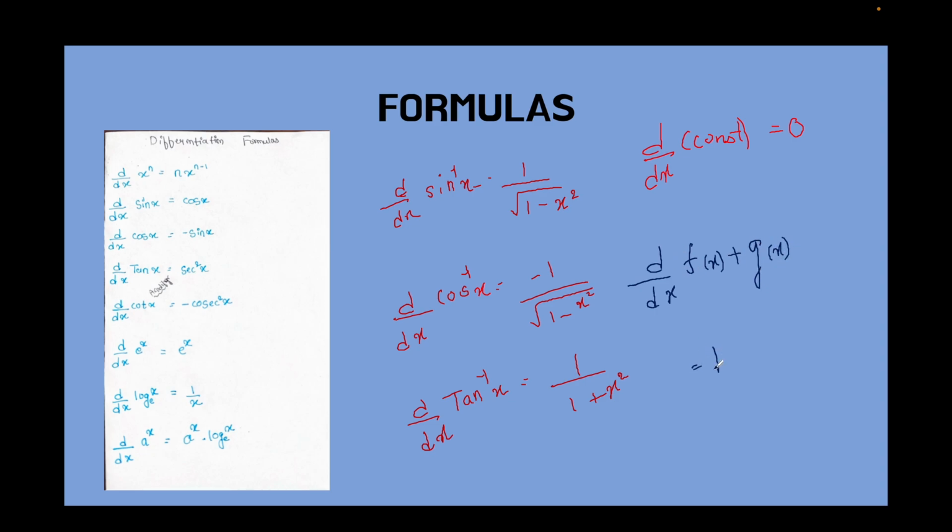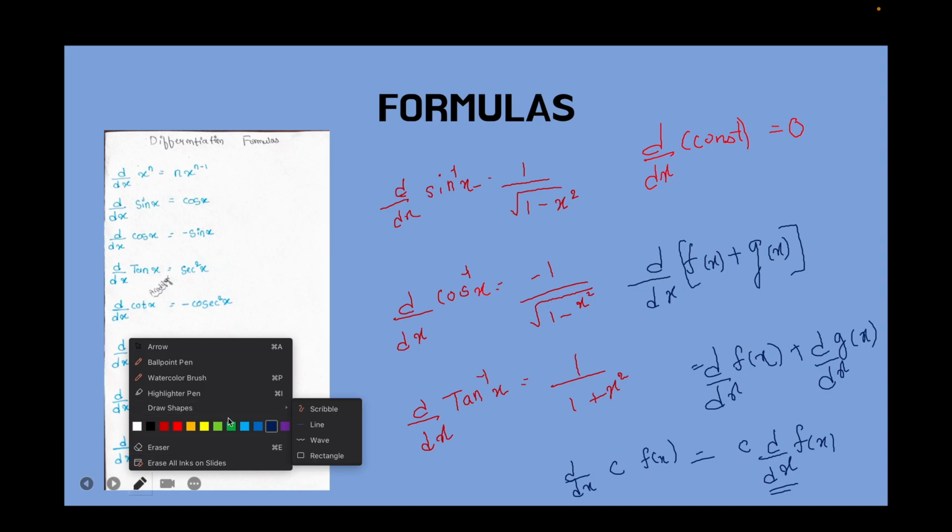Basically you can write it as differentiation, of course bracket is there, you can individually differentiate them. Okay, now if you want to differentiate a constant times a function, what you will do, you'll just take the constant out, then you will differentiate that function. Is it clear?